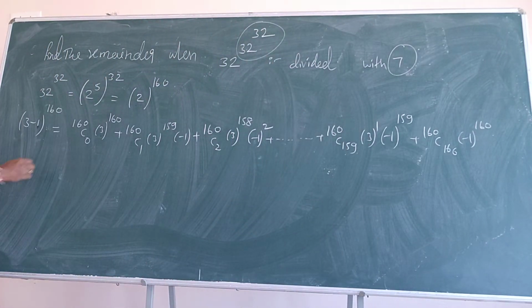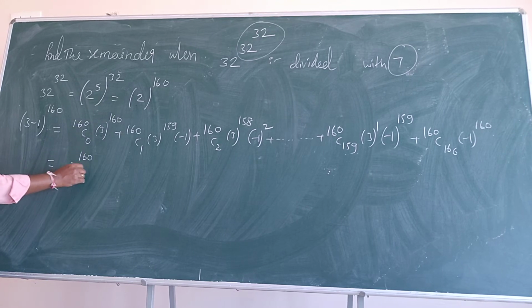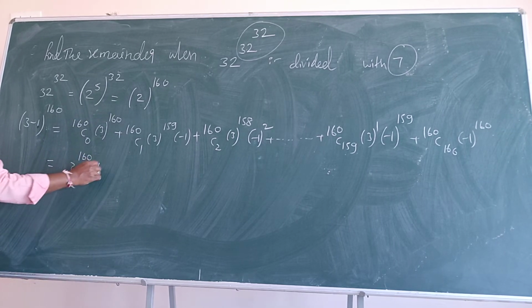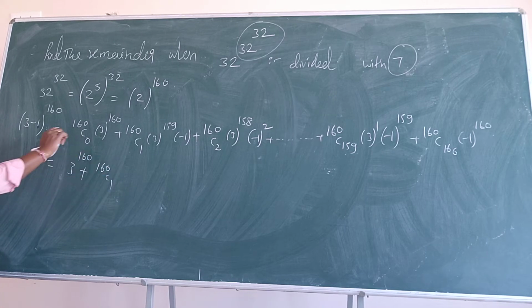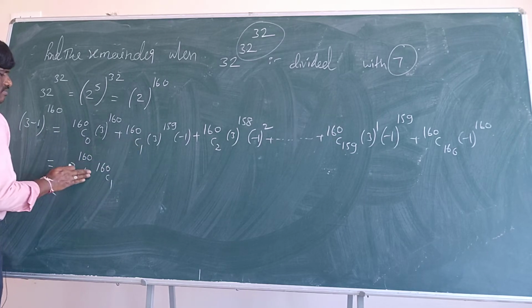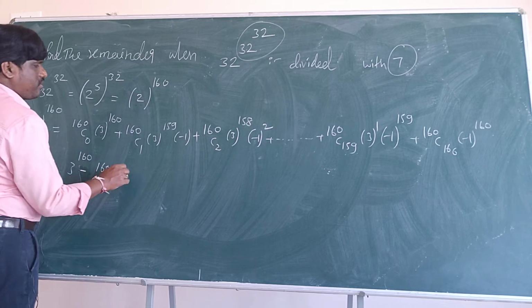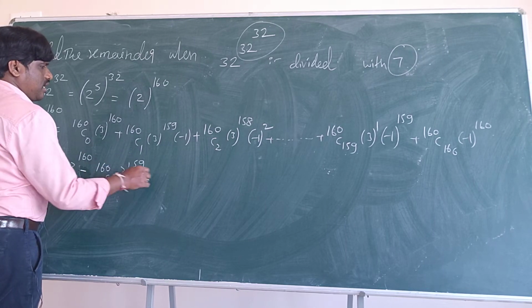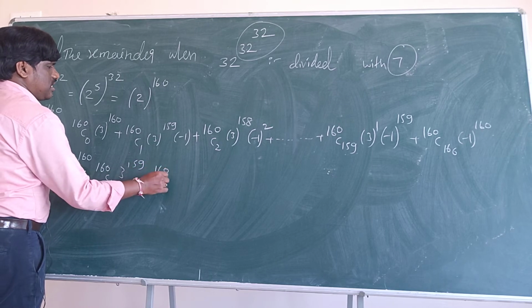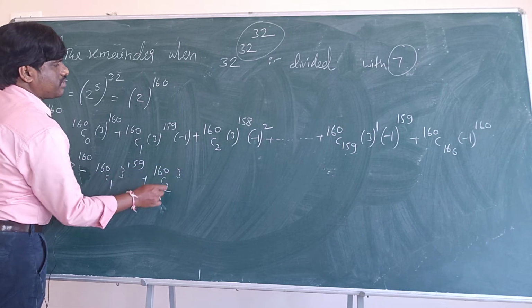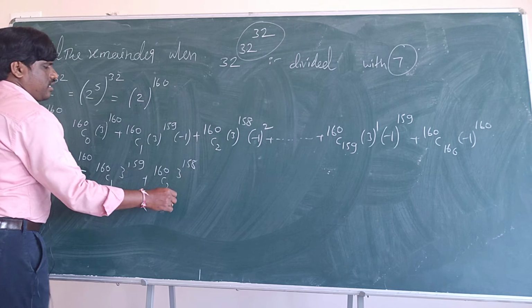So this I get as 3 to the power of 160 plus something, 160 C1, no need to find this value. I get minus into 3 power something, 3 power how much? 159. And plus 160 C2, 3 power 158, plus so and so.